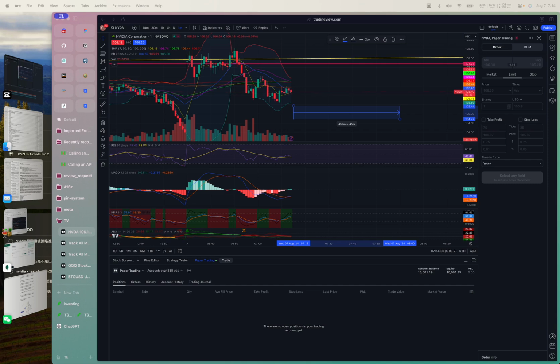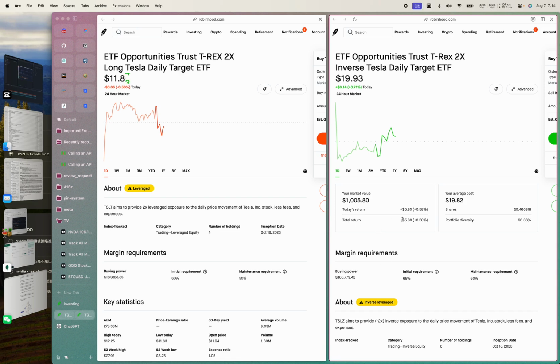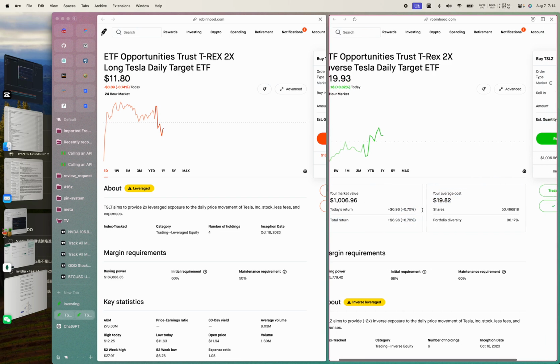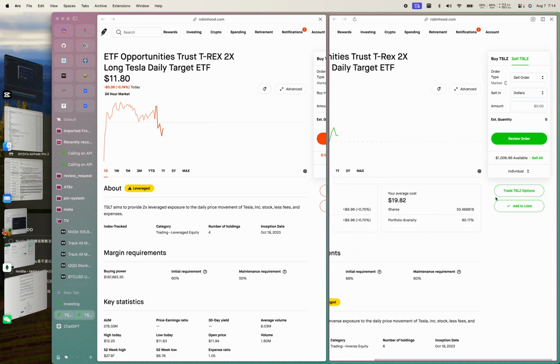Let me sell my Tesla because I'm doing a demo. I don't have time to monitor my holdings. So you can see from the Tesla stock, I used just 3 minutes to earn like 0.63 in profits. I think it's very great, right?